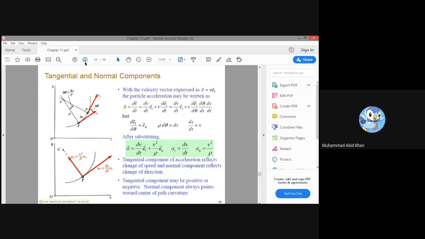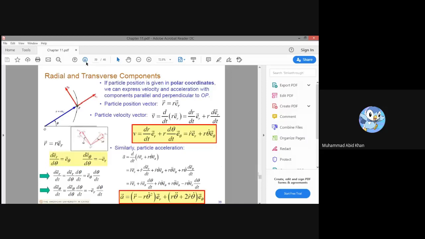Okay, let's come to the radial and the transverse components in this graph. If particle motion is given in polar coordinates, we can express velocity and acceleration with components parallel and perpendicular to the OP direction.